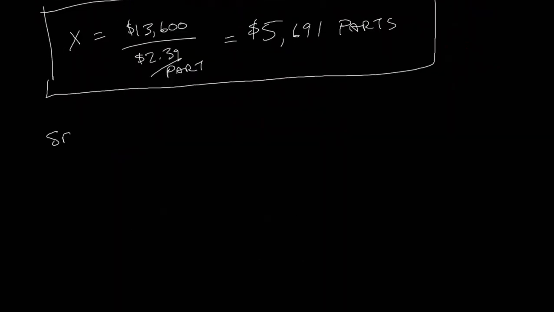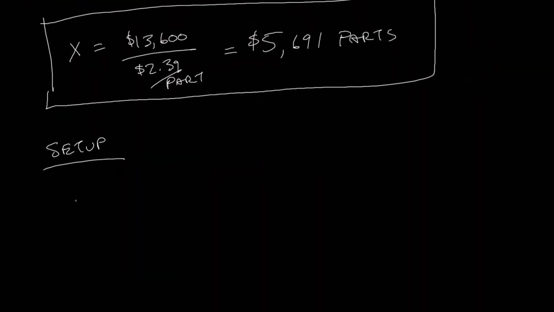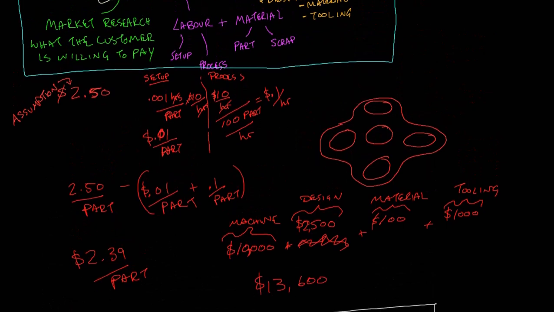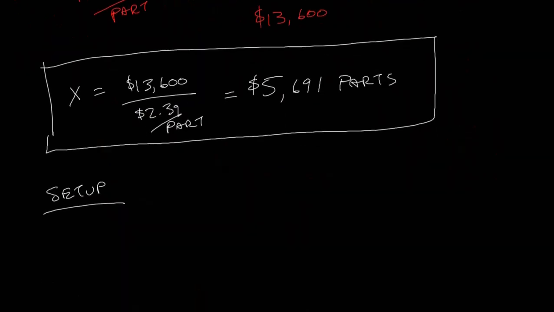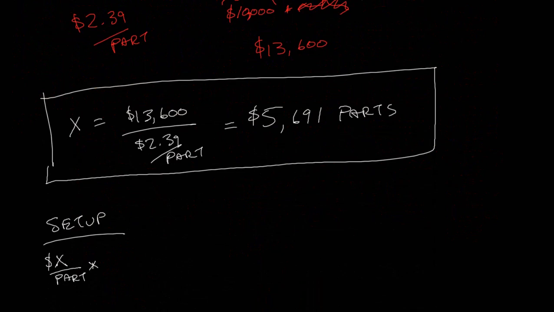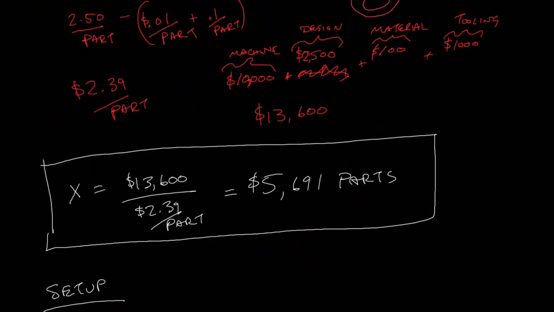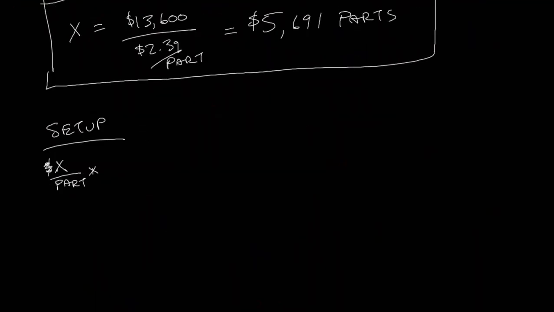So setup is equal to the cost of the setup per part, so X value per part, and you need to multiply that by hours per part.